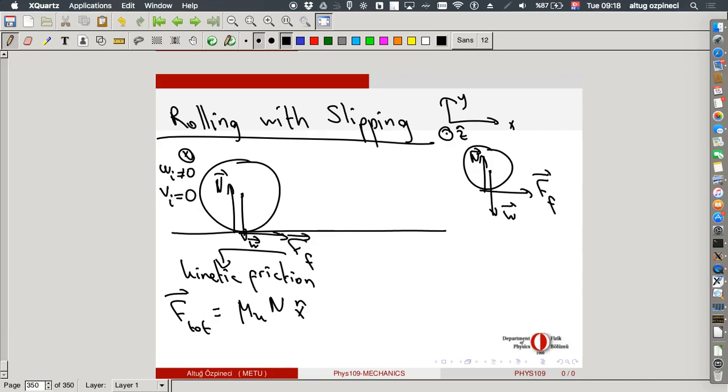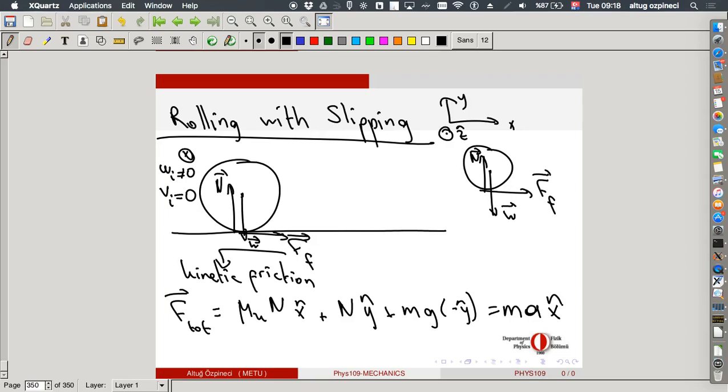I know it's kinetic friction, so it's mu k times N, plus the normal force in the y direction, plus its weight mg in the minus y direction. This is the total force. And I know that the object should be accelerated in the x direction, so this should be equal to m times a in the x direction.